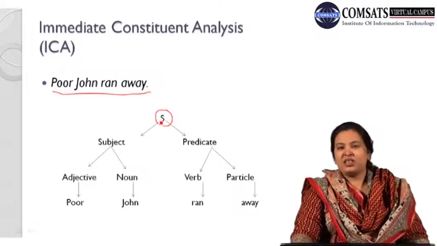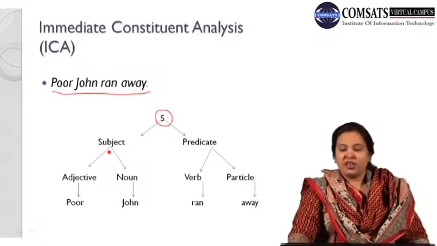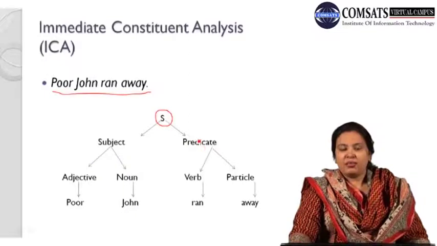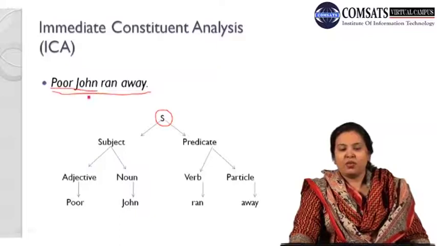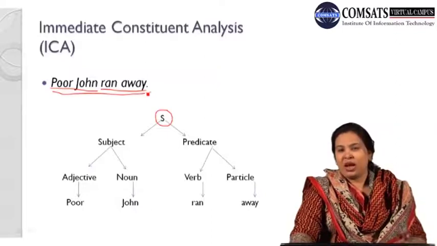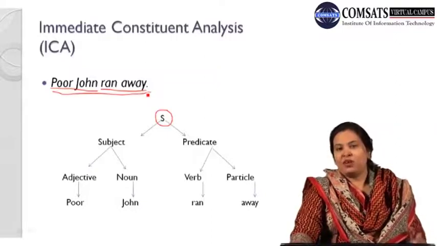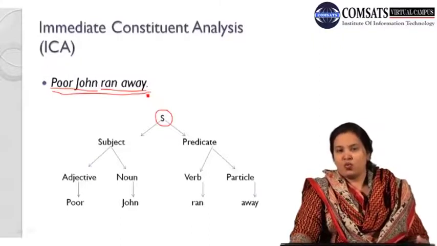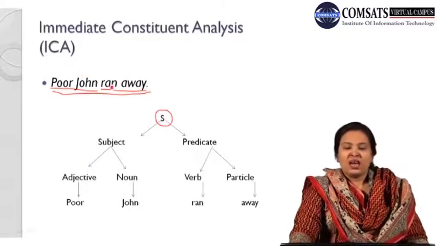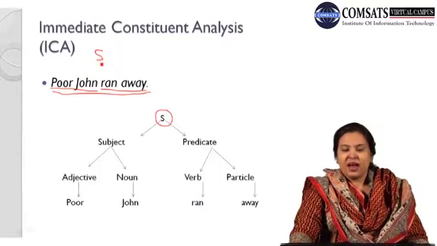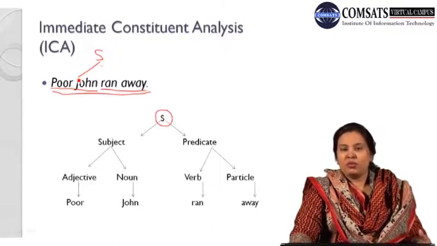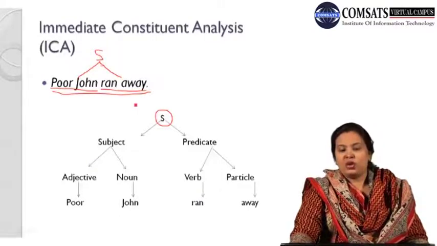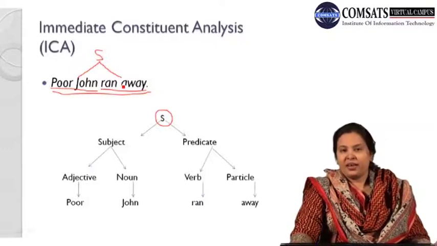So one sentence is divided into two parts, the subject and the predicate. The subject is "Poor John" and the predicate is "ran away." Usually the predicates have the verbs, and the subjects are nouns or noun phrases. So a sentence is divided into two immediate constituents: "Poor John," the subject, and "ran away," the predicate.